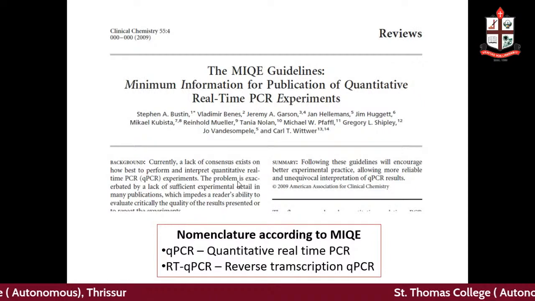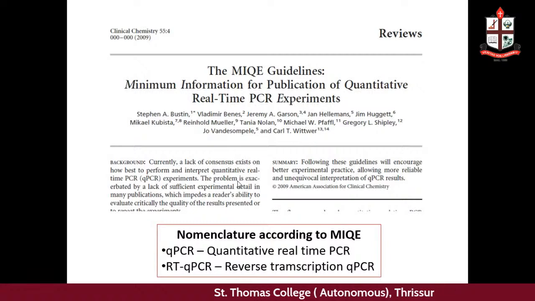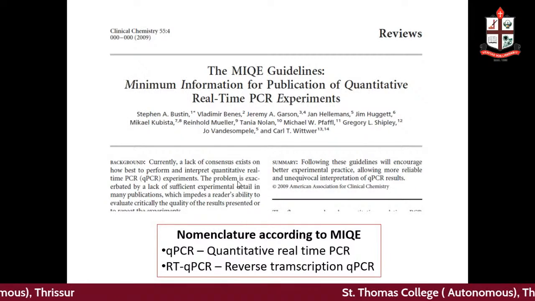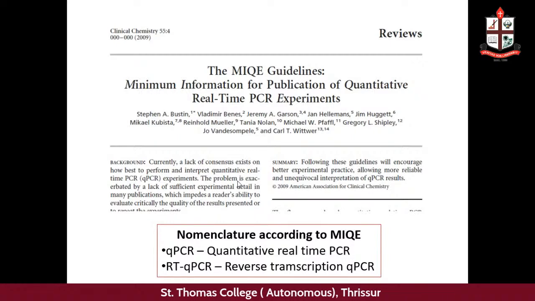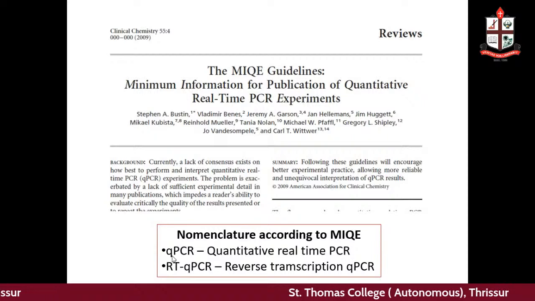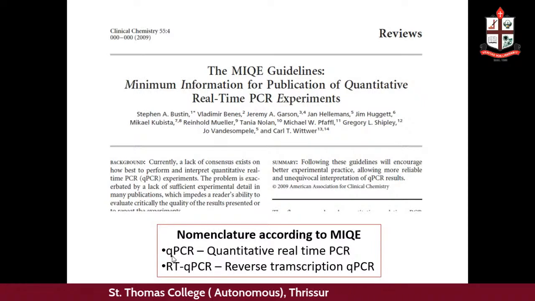And also they standardized the different terminologies that we use in PCR. Earlier, people used to refer to real-time PCR as RT-qPCR and QRT-PCR, etc. So there were a lot of confusions, so they standardized all those things also. Now qPCR refers to quantitative real-time PCR using DNA.